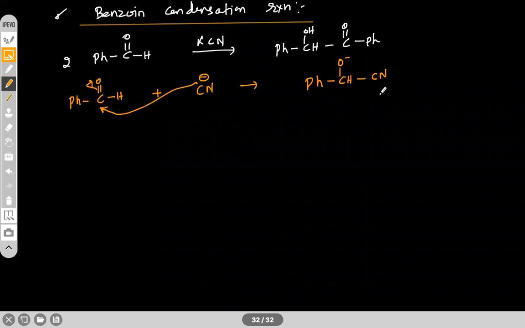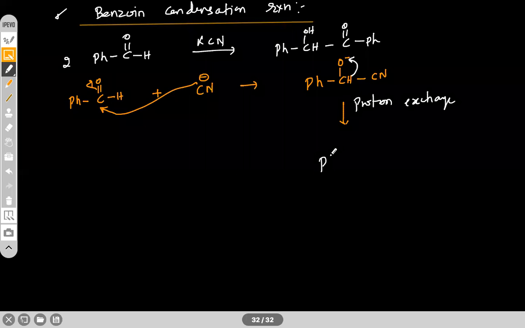Now the next step, this hydrogen, H plus, comes over here; this is proton exchange. So we get Ph, COH, CN, and a lone pair with negative charge on it.